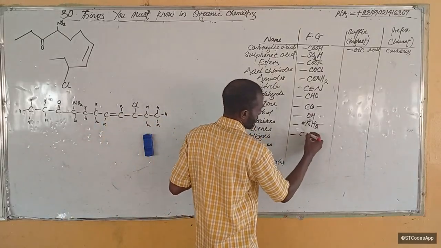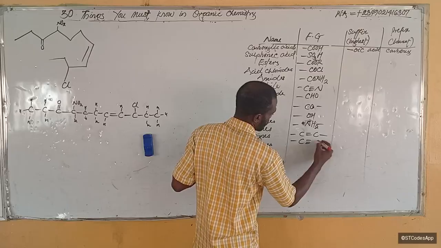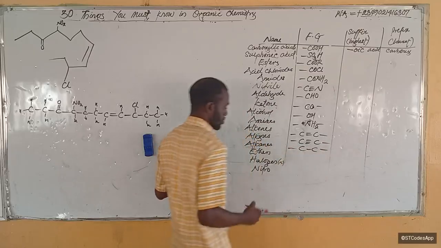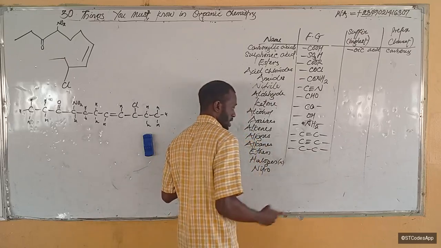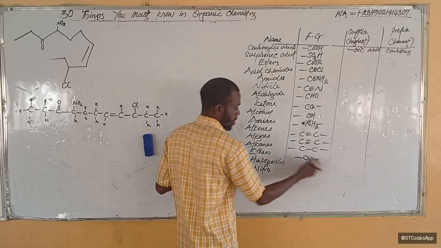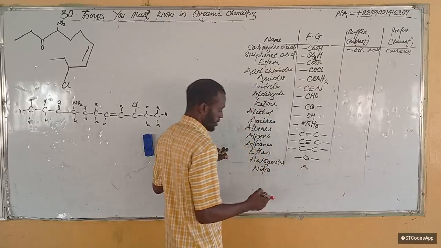Then alkenes, we have double bond C. Alkynes, we have C triple bond to C. Alkanes, we have C single bond to C. Ethers, we have O like this, ROR. Then halogens, we have X.